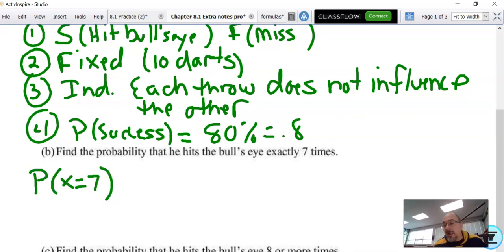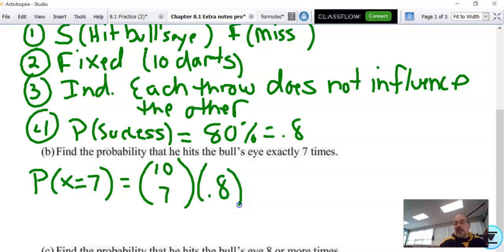Again, you would need to define X. Always define your variable. So X here is the number of bullseyes, right? So 7. So that's going to be 10 choose 7. Success is 0.8, and there were 7 successes. Failure is 0.2, and there were 3 failures.